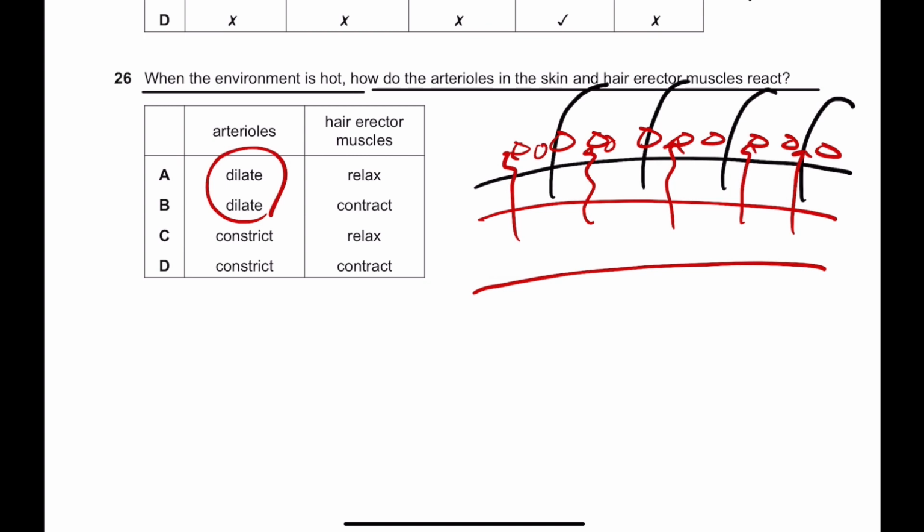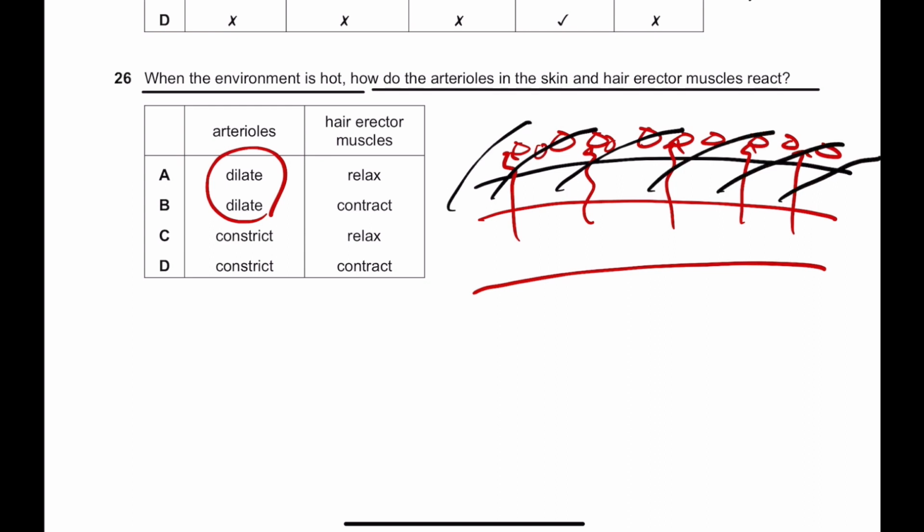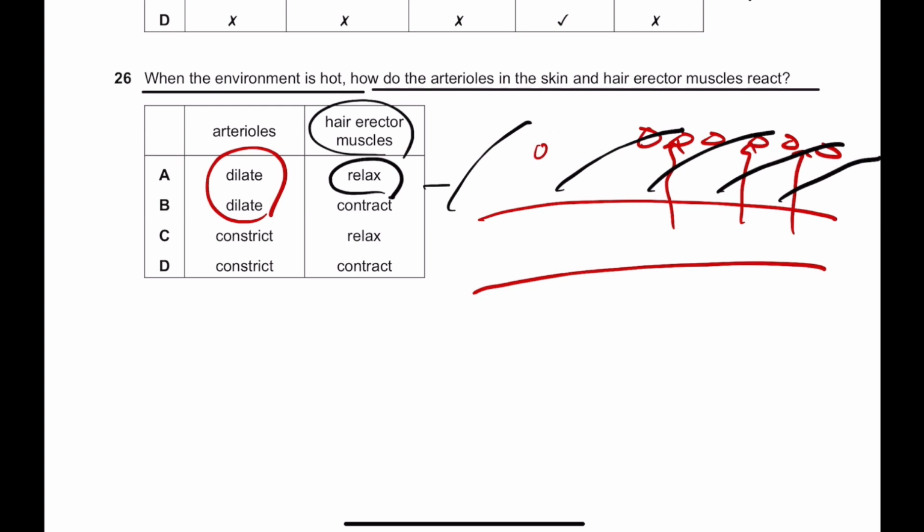But when you're hot, you don't want that to happen. So your hairs will lie flat, not trapping any hot air around your body. So the erector muscle has to relax in order to keep the hairs flat. Okay, so the answer is A.